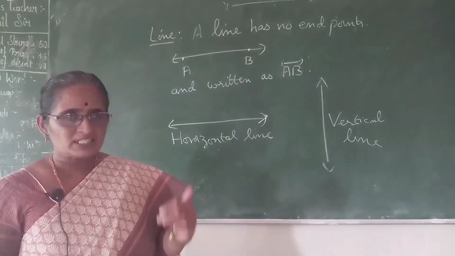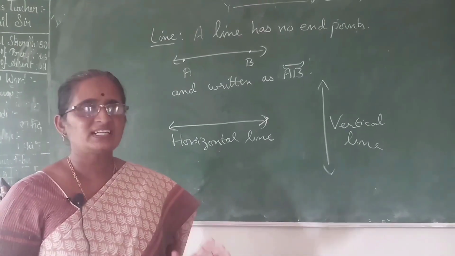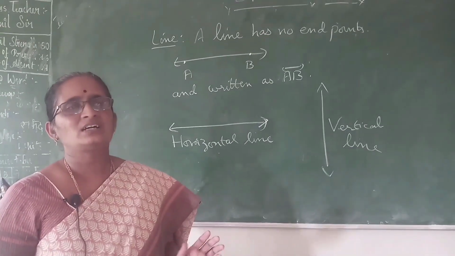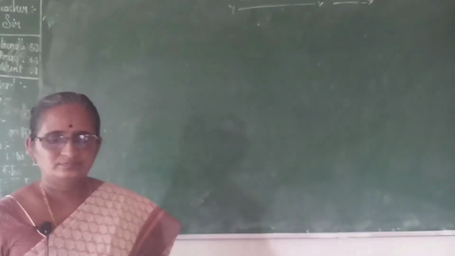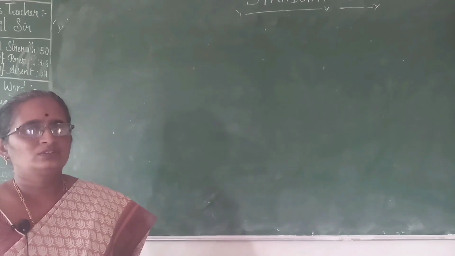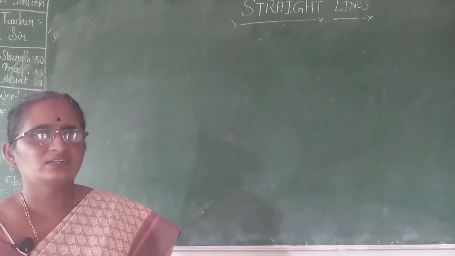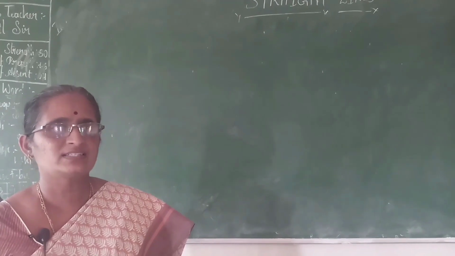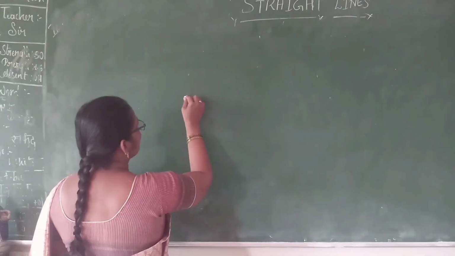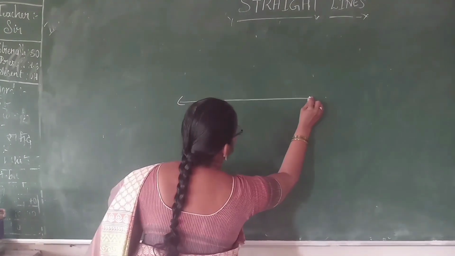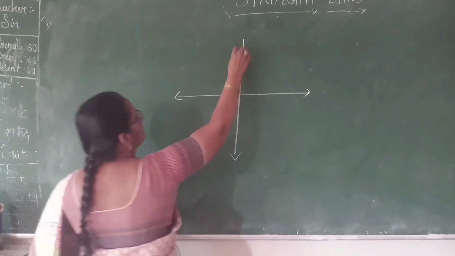Now, in this particular topic, we are going to learn about straight lines related with the coordinate axes. Now, what are these coordinate axes? There is one pair of axes, that is x-axis and y-axis. That means we draw like this. This is x-axis and this is y-axis.